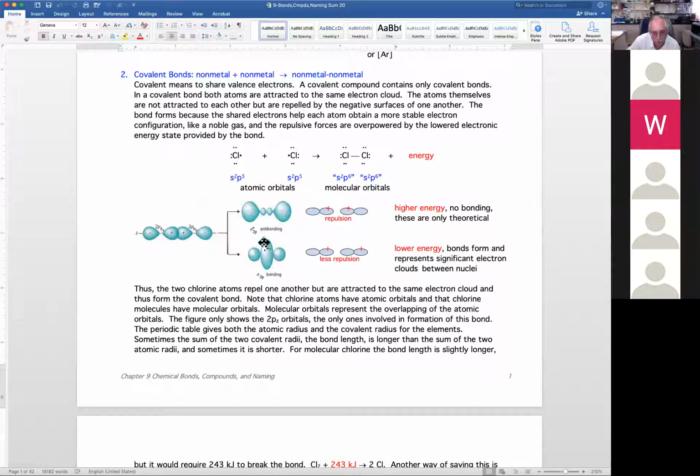I have this huge volume where these 2 electrons are being shared. So this atom is attracted to that shared valence electron cloud. So is this. And that's the nature of the covalent bond. The atoms themselves are repelled by one another, but they're both attracted to the electron cloud in the middle, called the covalent bond, because that's what makes them electronically stable.